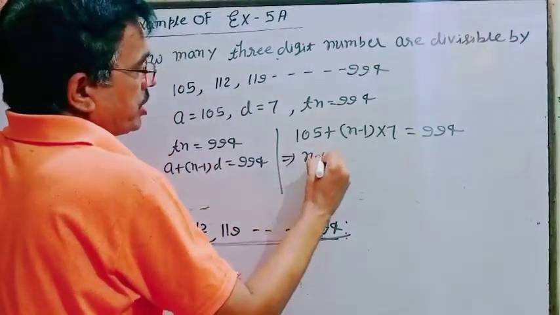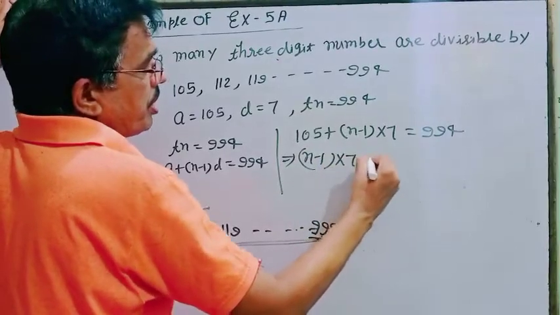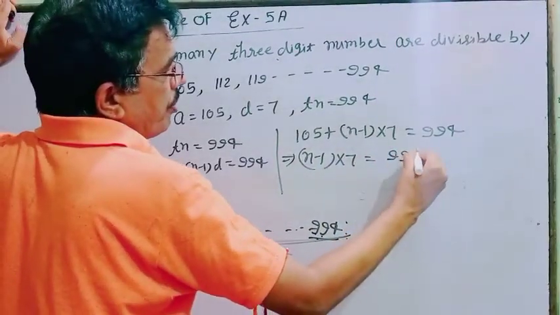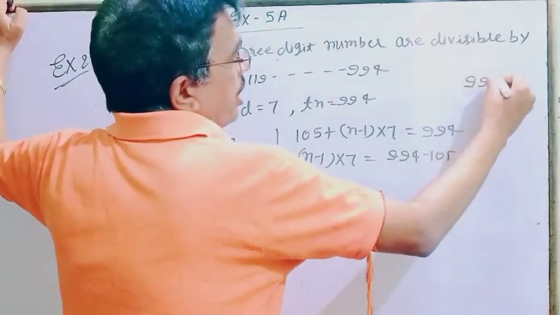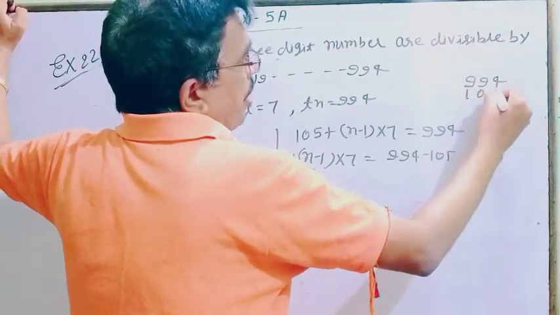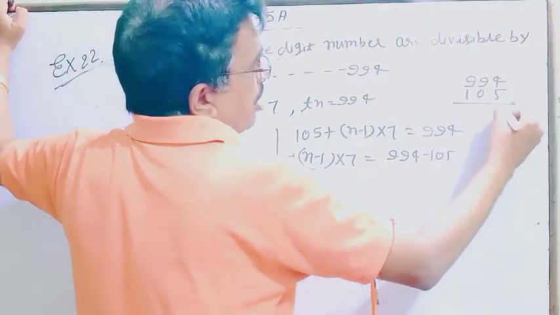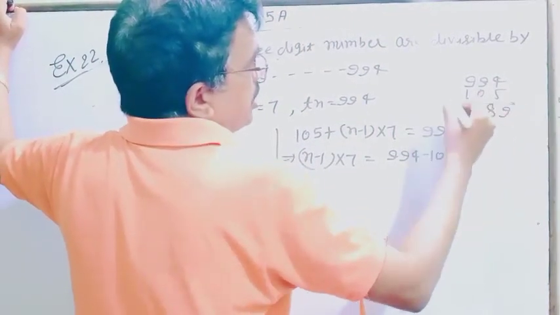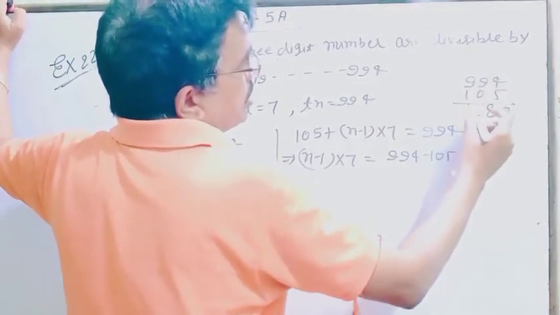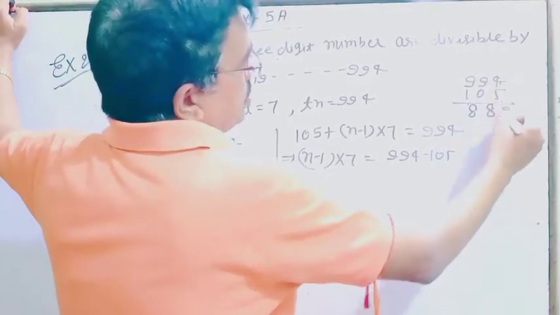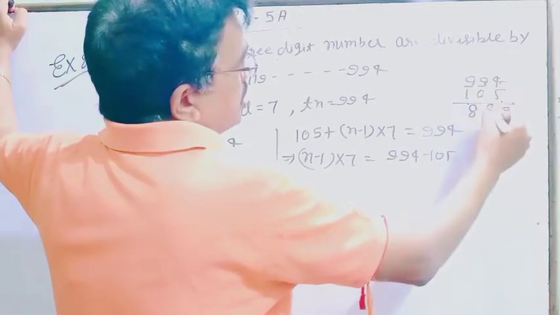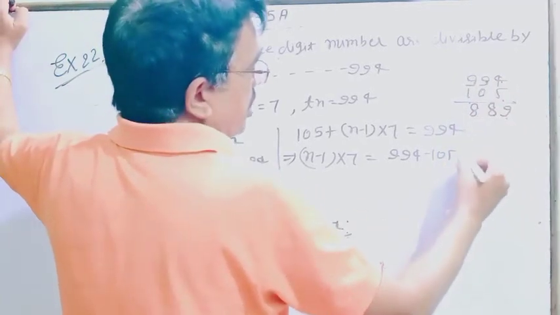Then (n minus 1) into 7 is equal to 994 minus 105. What do you get? 14 minus 5 is 9, 9 minus 0 is 9, and 9 minus 1 is 8. So 889.